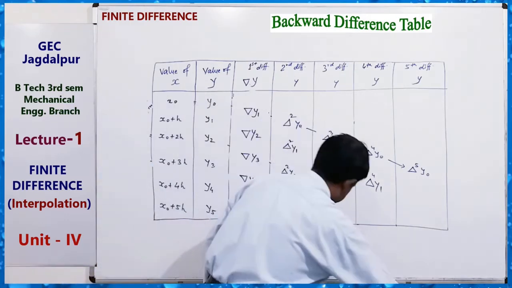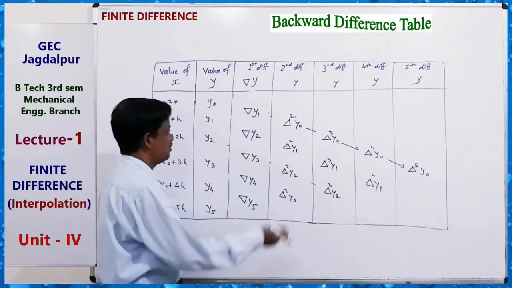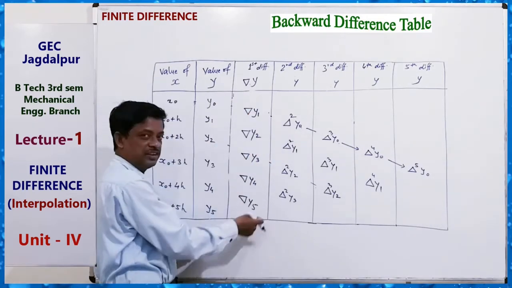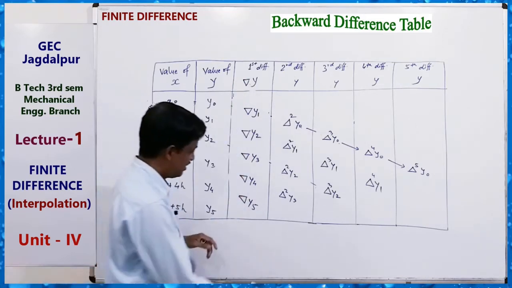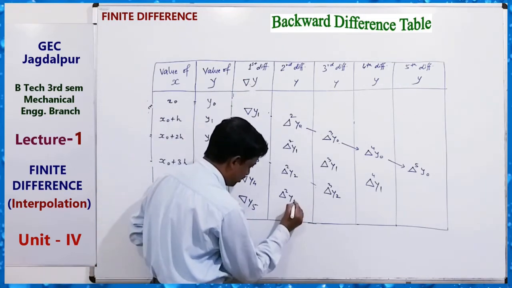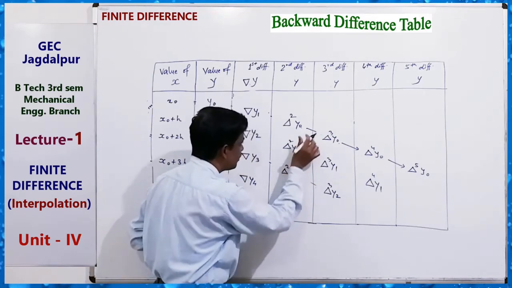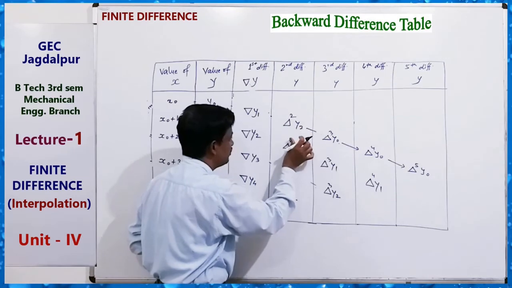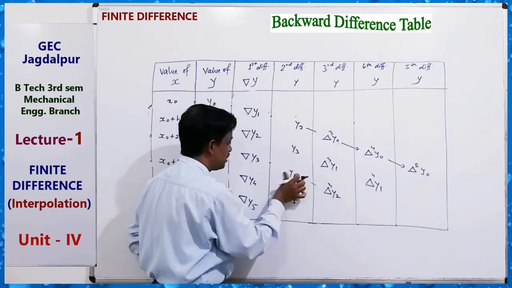See, at the previous time, it started from 0 to 4. Here, it starts from 5 to 1. Now, it starts from 5 to 2. And this will be the notation.